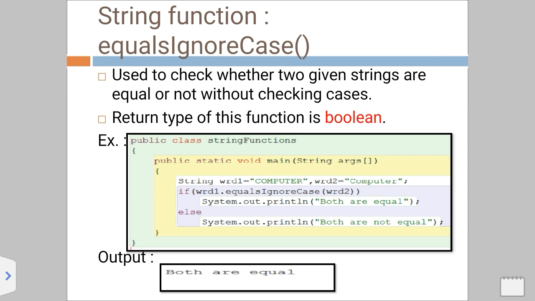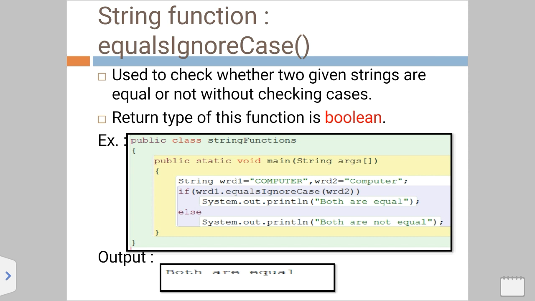See, in my example, word 1 and word 2, WRD1 and WRD2, contain computer. One is in uppercase, another one is in toggle case. And now, by writing equals ignore case, we are getting true. That's why I'm getting as output both are equal.